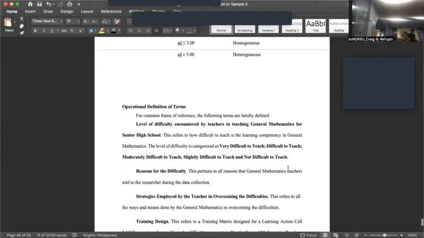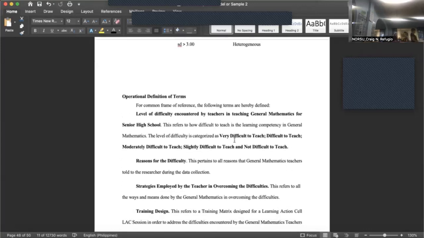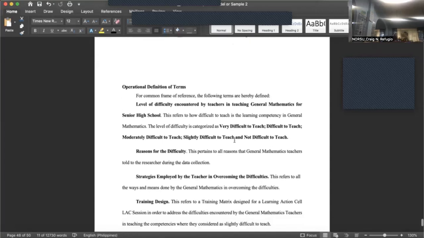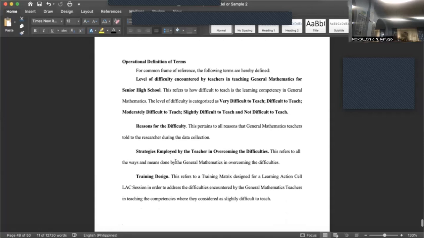Okay, so that would be the first term to be defined and contextualized based on your own research proposal. Then reasons for the difficulty. That must be copied exactly because that is our problem number 2. This pertains to all reasons that general math, and so on. Then strategies employed by the teacher in overcoming the difficulties.